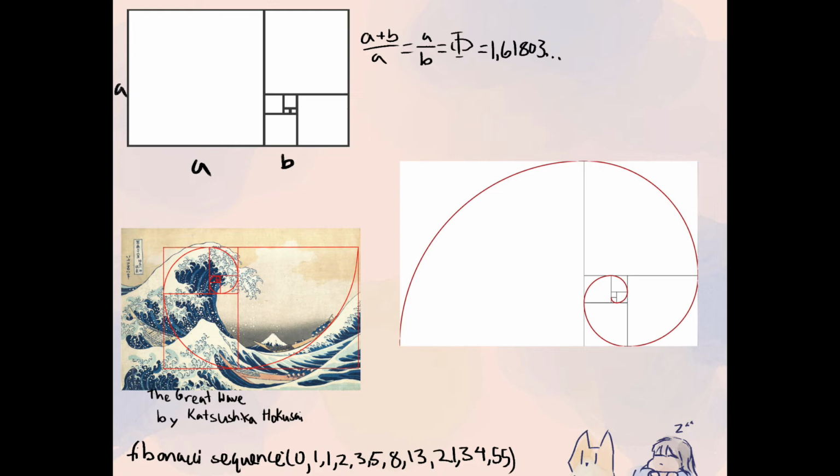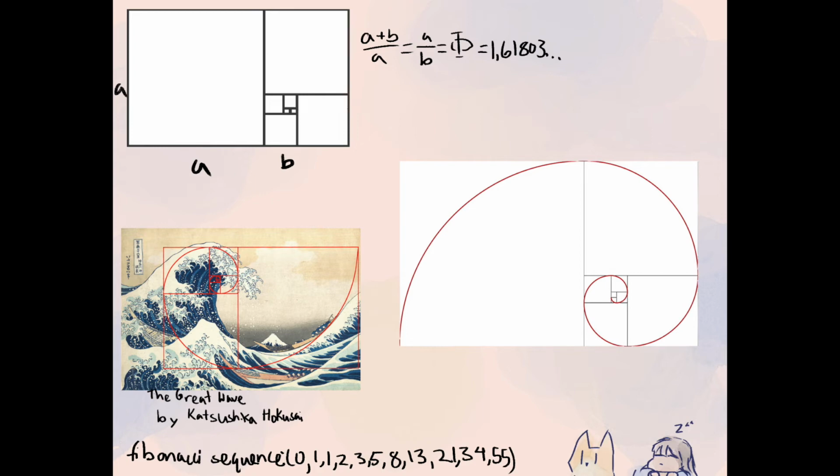The rectangle segment is then divided into another perfect square and another rectangle segment. And then that rectangle segment is divided into another perfect square and a rectangle segment. So it just goes on and on.